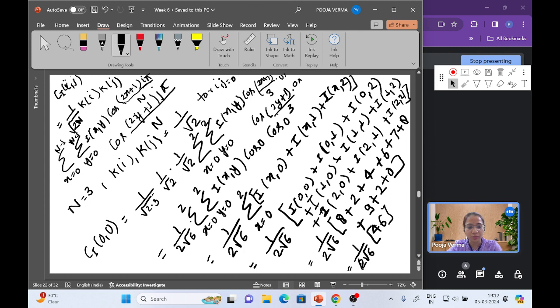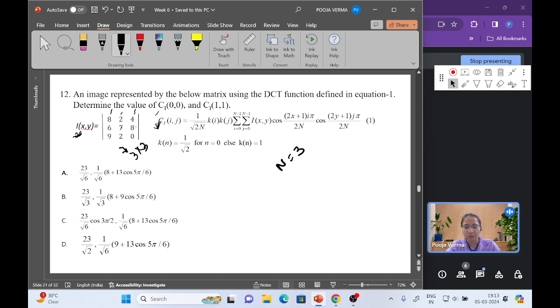So if we cut it down, 23 divided by root 6 we will get, right? So what is the value of I00? 23 root 6. So from where we are getting this one, option A, 23 divided by root 6.